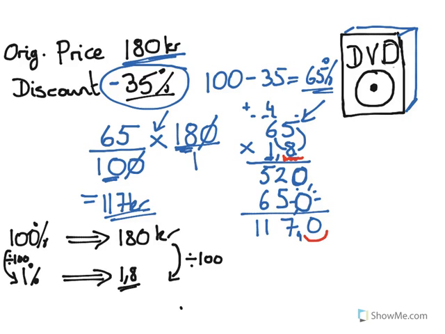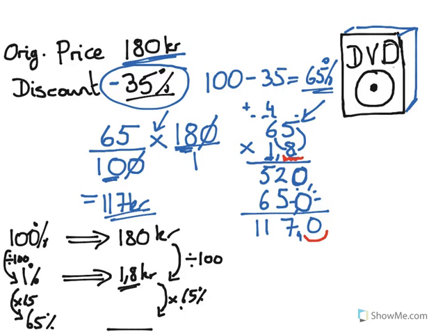Now we know what 1% is. 1% is equivalent to 1.8 kronas. So to go from 1% to the percent that we actually want, which is 65, we multiply 1% by 65 to get 65%. So we do the same thing here with our 1.8. We multiply by 65.